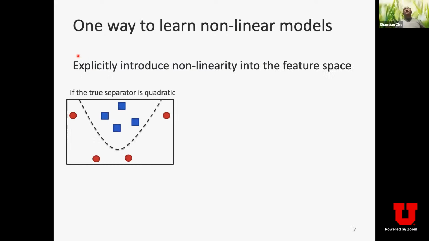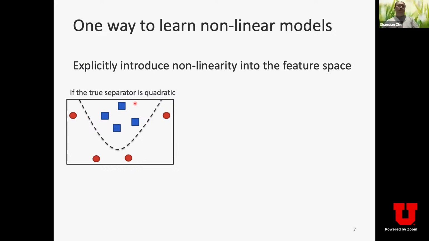Actually, I have discussed the idea of this trick before, and you also did some practice in the homework. One idea is that we can explicitly introduce some nonlinearity into the feature space. We can see that in this two-dimensional space, all the examples are represented by points in a plane.